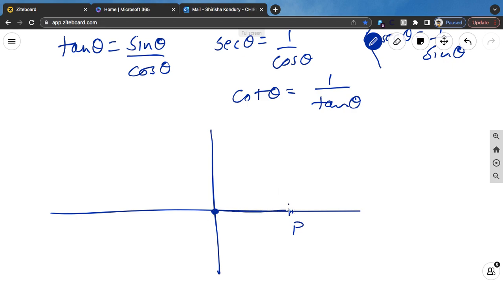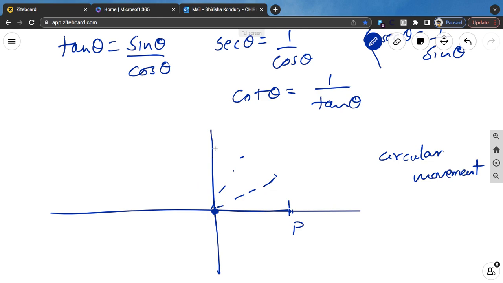Angular movement means I'm fixed to one point and I'm moving. Whenever I'm fixing a point and trying to move the other point, I always move along a circle. It's a circular movement. So when I'm forming an angle, I'm actually moving along a circle. And that's why you measure angles with a protractor, which is a semicircle, because angle movement is circular movement.